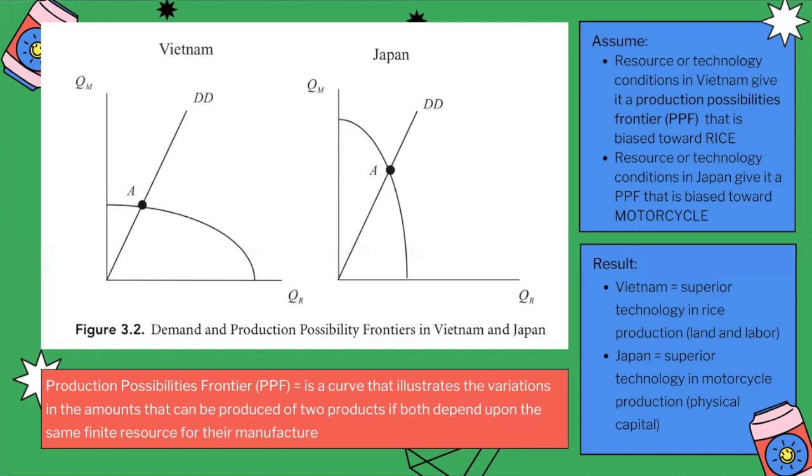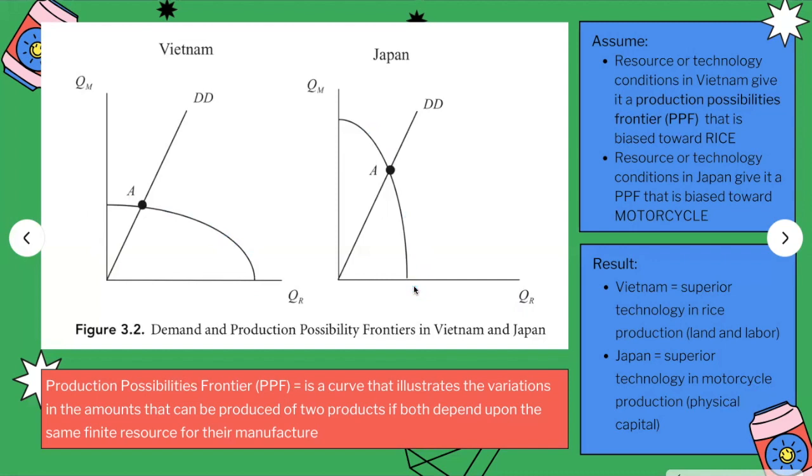From these assumptions, Vietnam has a superior technology in rice production. As you can see here, QR is greater than QM, and Japan might have a superior technology in motorcycle production. Because of these reasons, the PPFs will take on complementary shapes like this, as you can see in figure 3.2.